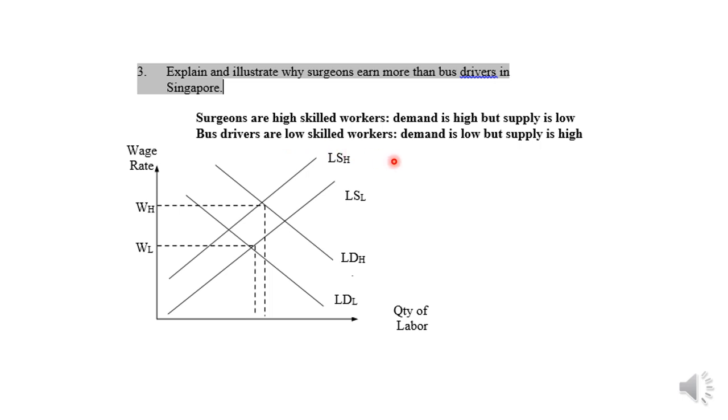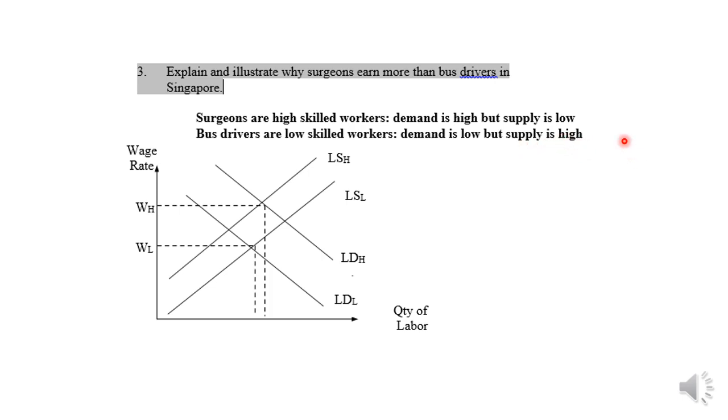We always assume that for high skilled workers, demand for them is high, but supply of them is low, because you need time for the high skilled workers to be trained or to gain that kind of experience. So there's not a lot of them, so supply is low. But because they are highly skilled, they are in high demand. For low skilled workers, the demand is low, but supply of them is high.